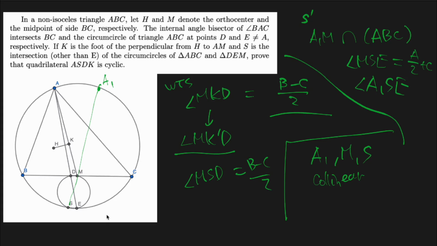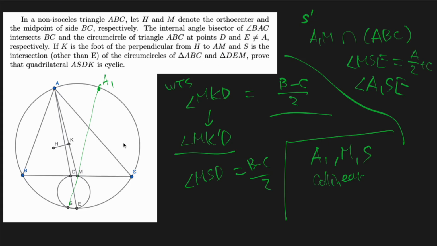But A1SE is just A over 2 plus C. If you don't believe me, for example, we can reflect. A1SE is this arc, we can reflect it over, we get AE, and then for example, if we were to compute angle ACE, then this is angle C and this is angle A over 2. So we have shown that S prime lies on this circle, and hence the 3 points are collinear by false positioning. And that is the end of the problem.